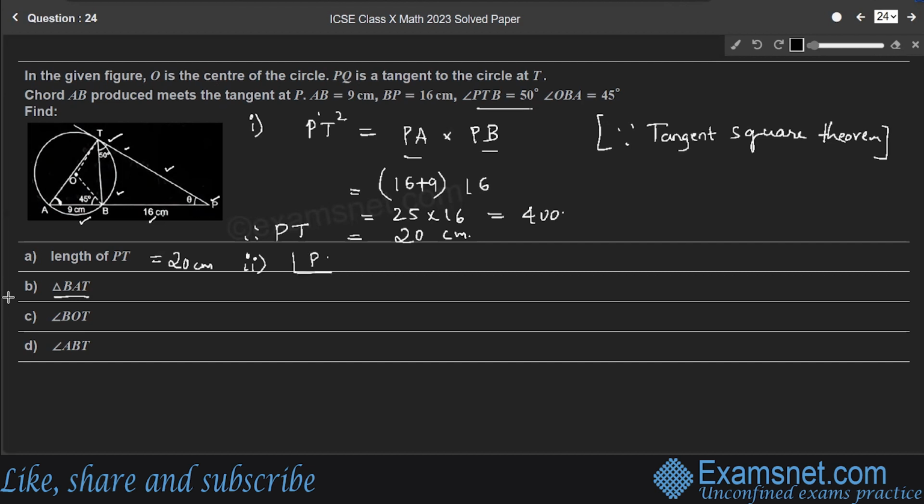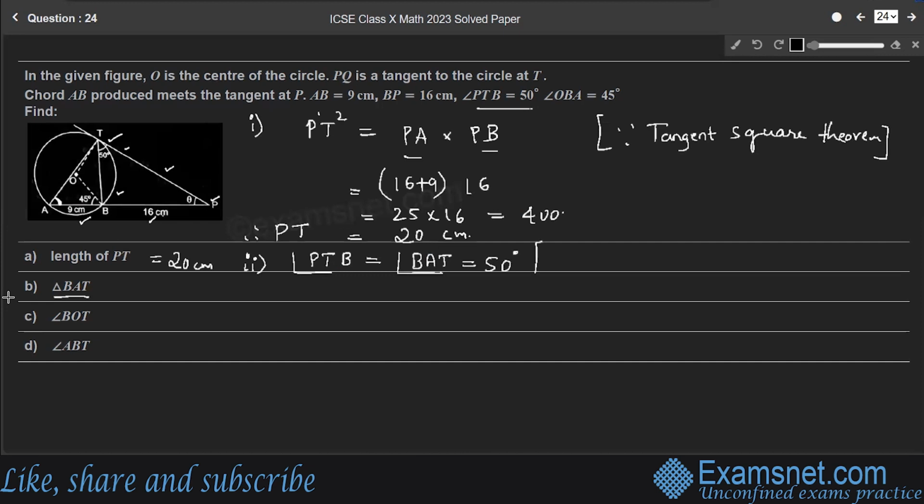Therefore, angle PTB is equal to the angle made in the alternate segment, which is TAB or BAT. Angle BAT is equal to 50 degree. PTB is already given.